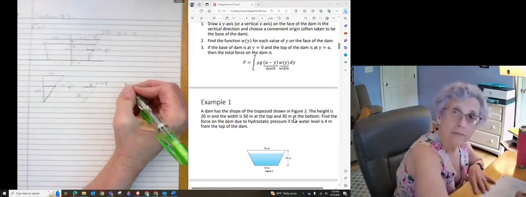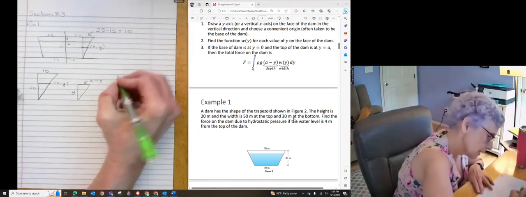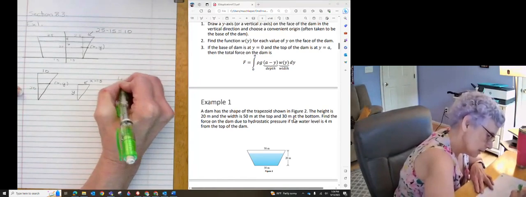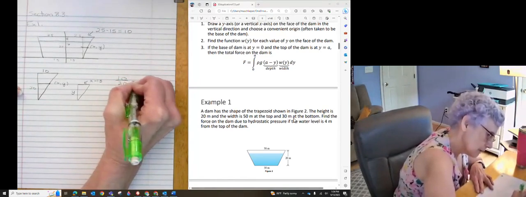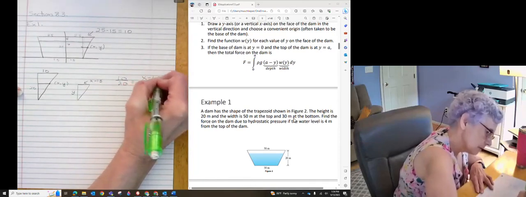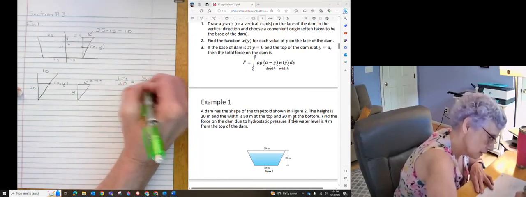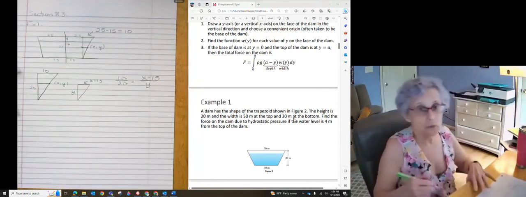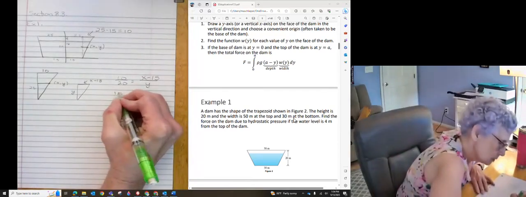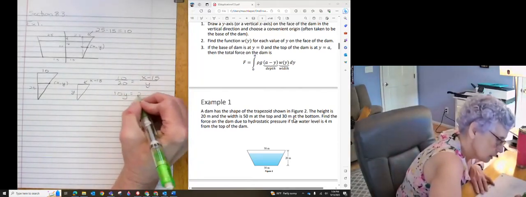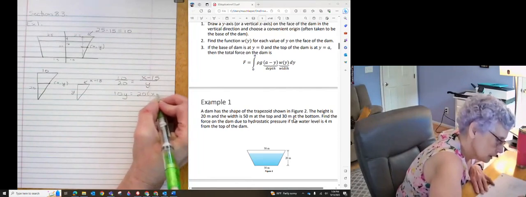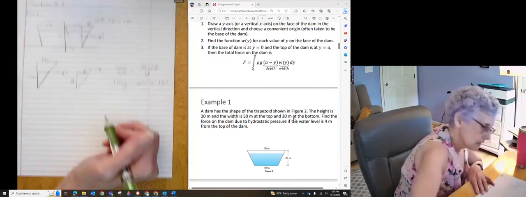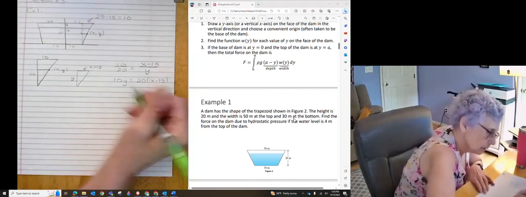So now I have some similar triangles, and I can do 10 over 20 has to be equal to x minus 15 over y. Now remember, I want functions of y. So 10y is equal to 20 times x minus 15.